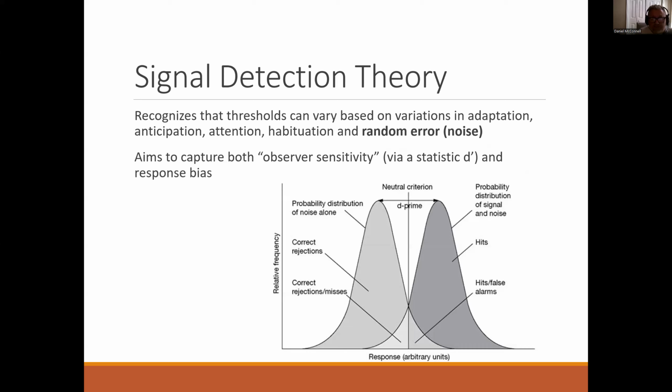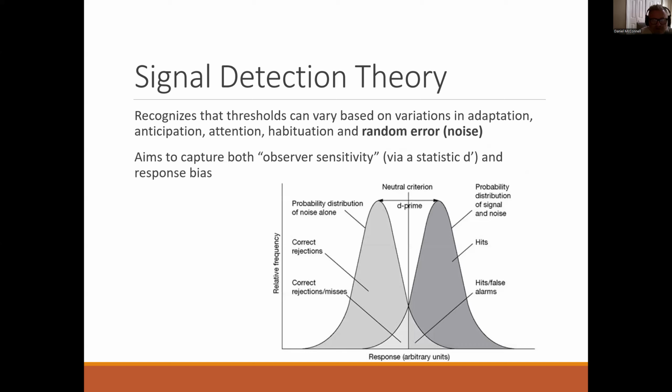Sometimes people will say yes, even when there's maybe not a stimulus present, or at least something that's below their threshold. This is going to be called a false alarm, right? In a classic example of a false alarm, people yell there's fire when there's not a fire, right? That's a false alarm. So that's the same kind of situation here: false alarms occur where the signal distribution and the noise distribution begin to overlap each other.